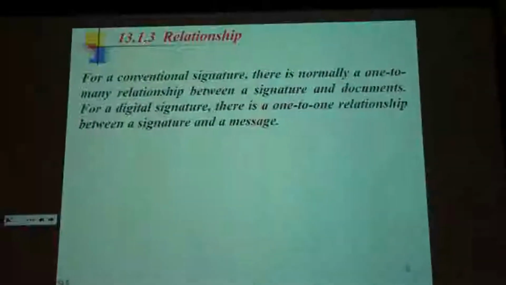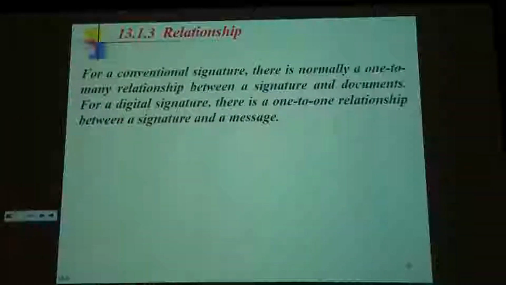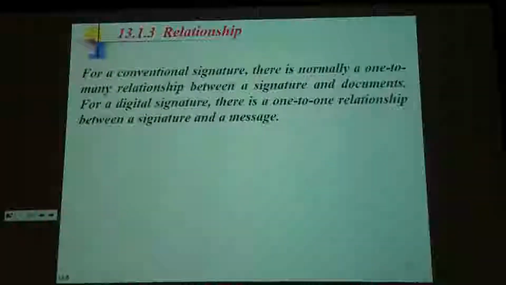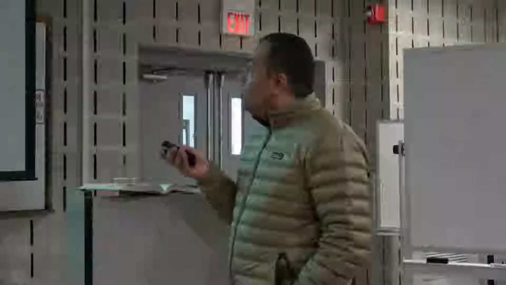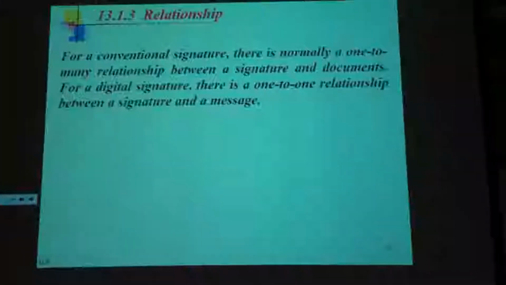For the relationship, for a conventional signature, there is normally a one-to-many relationship. You as a person might have one signature for all the documents in your life, right? However, in the digital case, we're going to have a one-to-one relationship. That means every document will have a different digital signature.